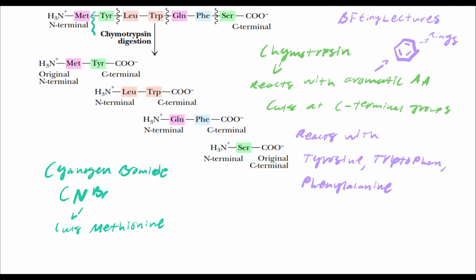And let's say that there are different methionines in that sequence as well. So now you have chunks that you can analyze. So this actually reacts with the sulfur. Okay, so that's all you have. You have trypsin, chymotrypsin, and cyanogen bromide to do the polypeptide analysis.